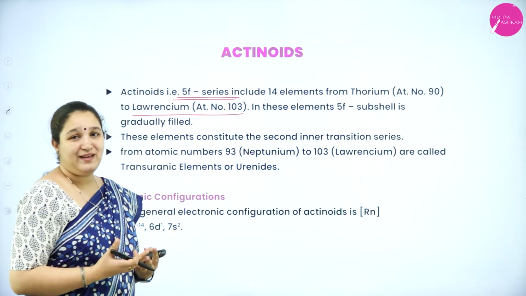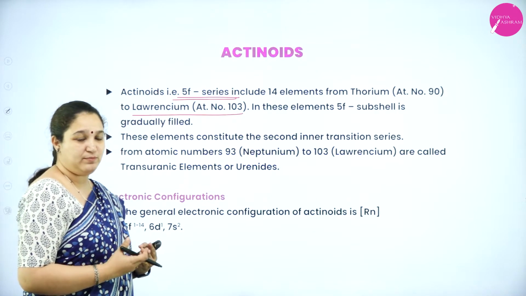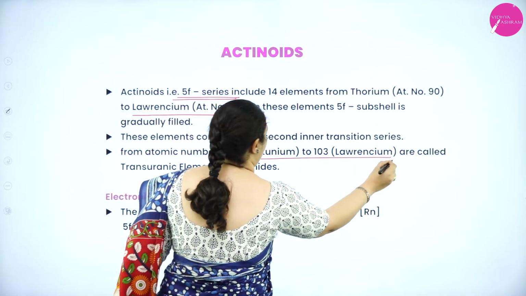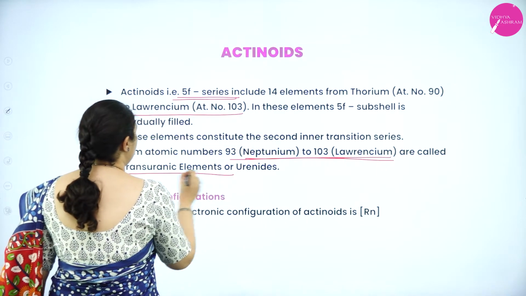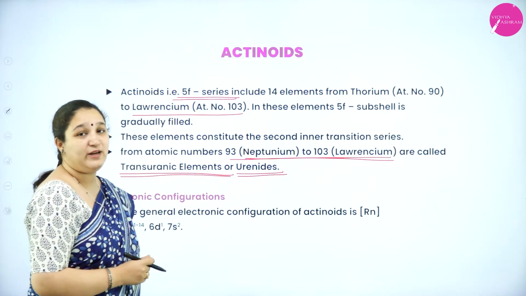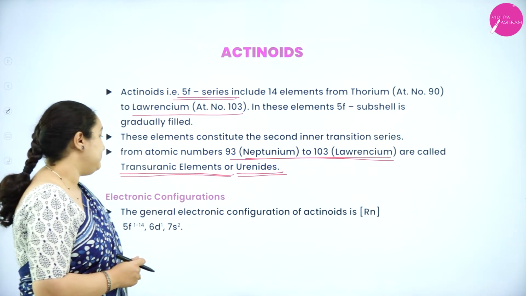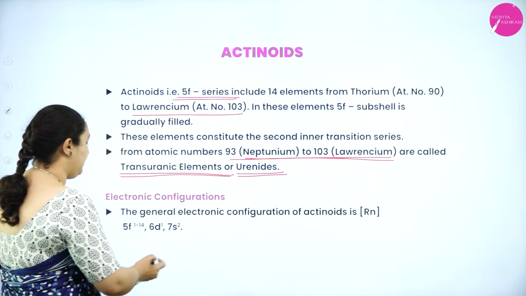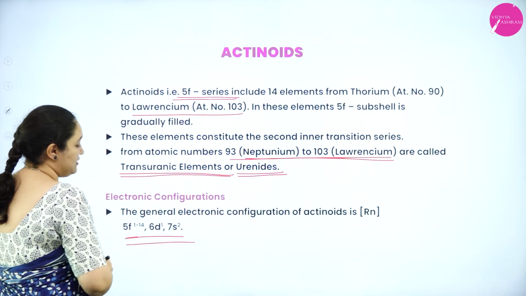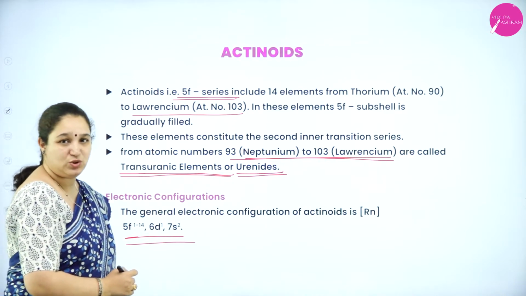After uranium, that is atomic number 92, the elements from 93 to 103 are also called transuranic elements or uranides, and they are all radioactive. Okay, and the general electronic configuration is radon 5f1 to 14, 6d0 to 1, 7s2.